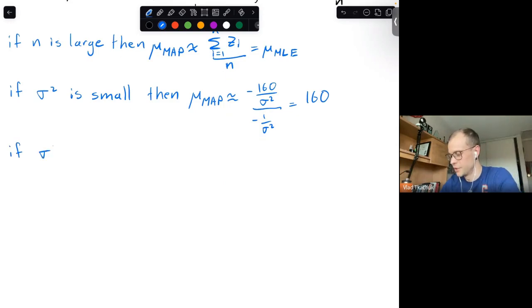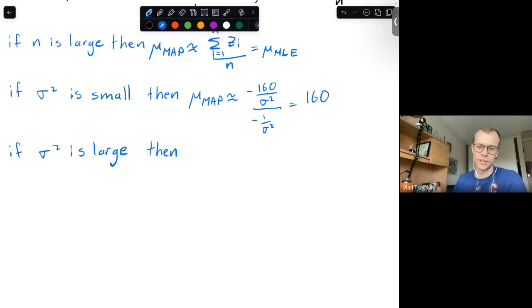if sigma squared is large, then you have almost no confidence in your prior. And this is a very important case, actually, because we will see this in a second for the actual supervised learning stuff we're doing, which is that if you make sigma squared really, really large, you basically have no confidence in your prior. Let me just draw one more.